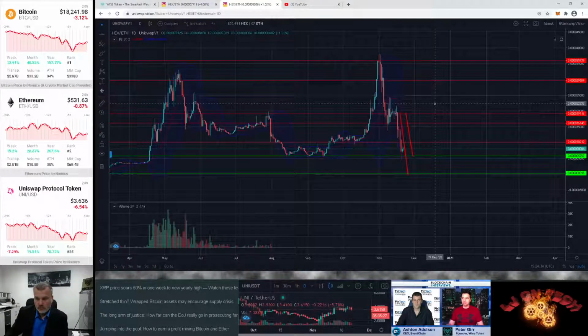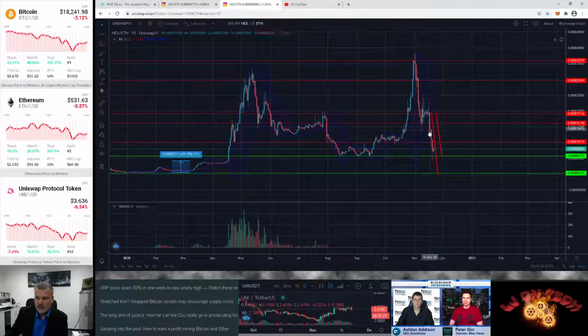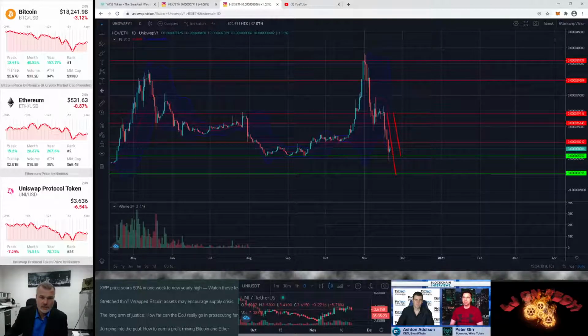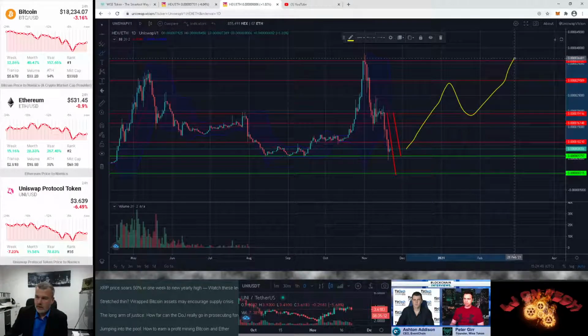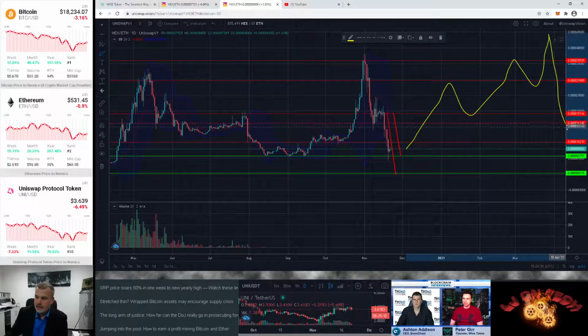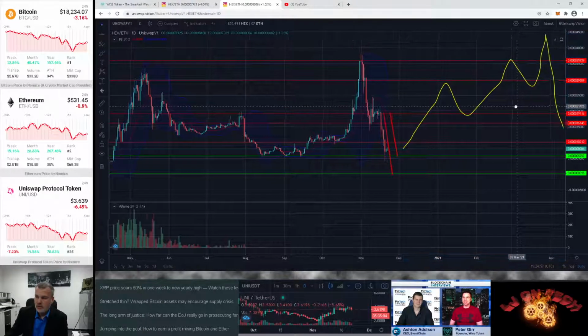The other side of that is if the majority HEX token holder brings this thing lower, right here, and just dumps it, because that's how their algorithm works.